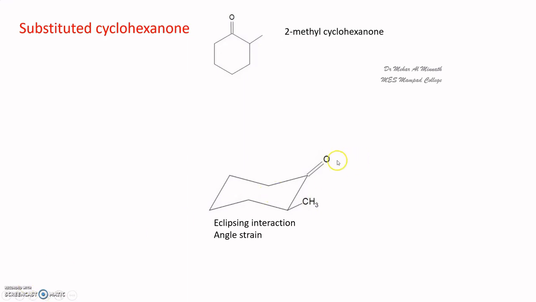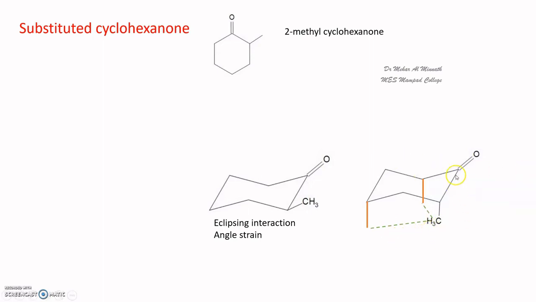Eclipsing interaction, as I said earlier, is a highly predominant destabilizing factor. Now, when we write the methyl group in the axial form, the eclipsing interaction is totally eliminated. Instead of that, the molecule will be experiencing 1,3-diaxial interaction.